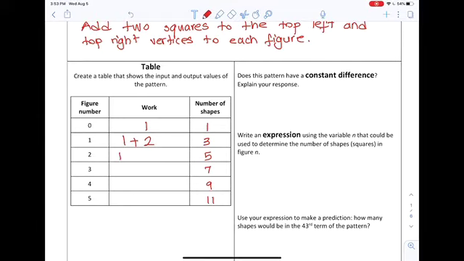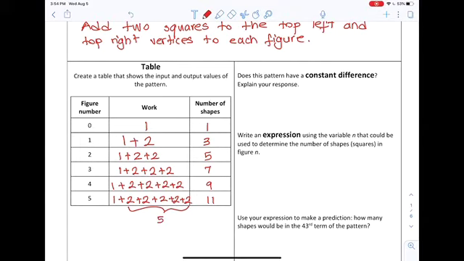So it will look like 1 plus 2 plus 2 and so on. 1 plus 2 plus 2 plus 2. 1 plus 4 2's, and then 1 plus 5 2's. If you look, the figure number actually matches the number of 2's we wrote here.